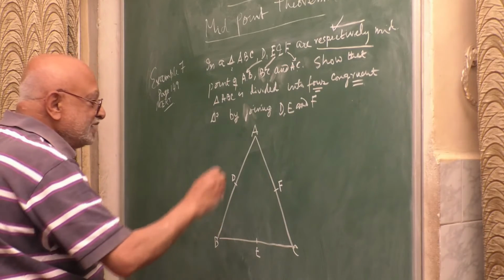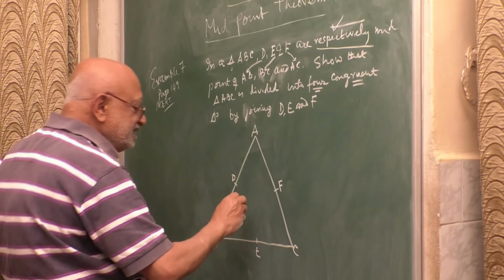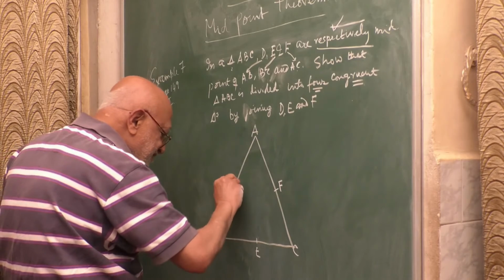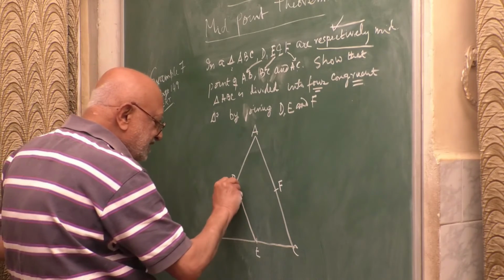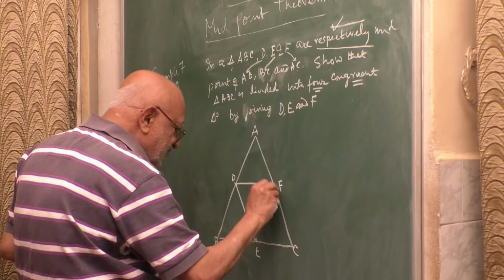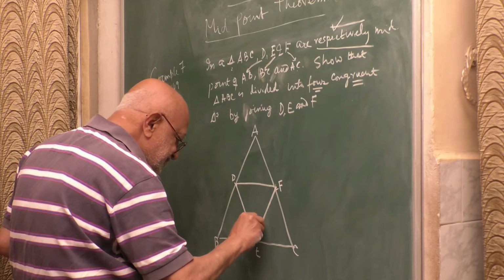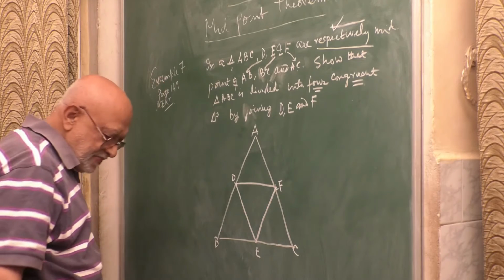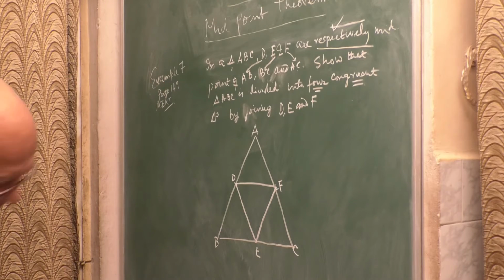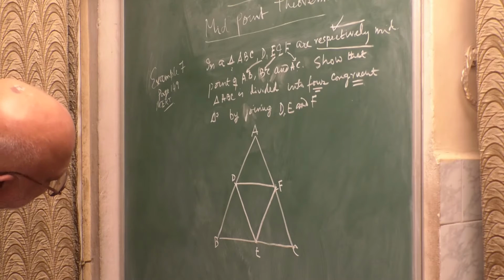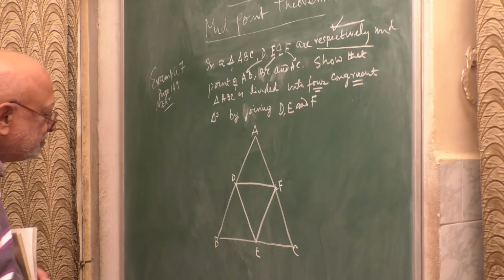Okay. Now it is saying that you join DE, and you join DF, and you also join EF. So what do you see? You see 4 triangles, right? Yeah, I will show it to you.